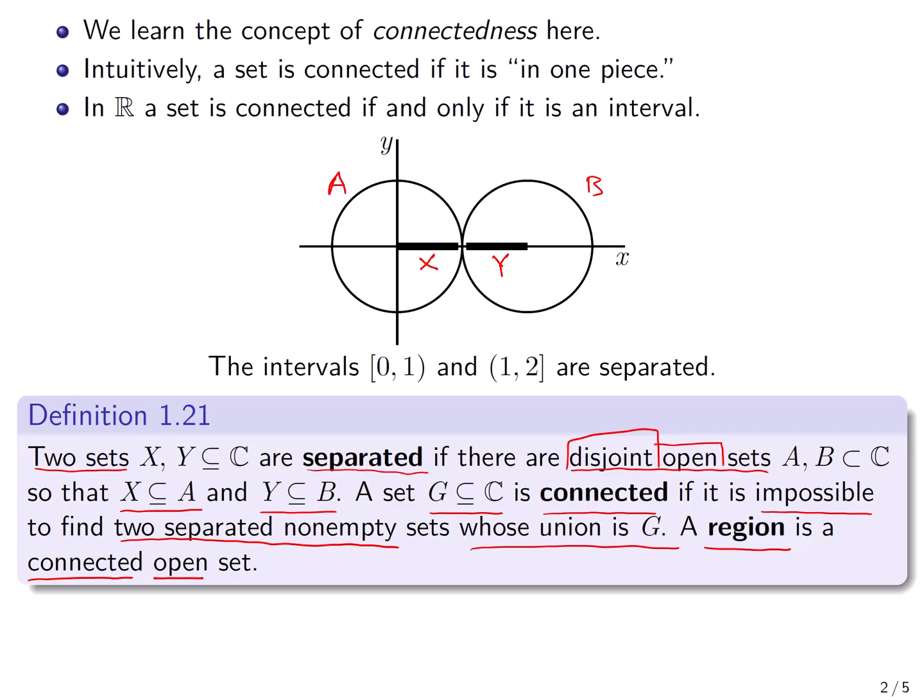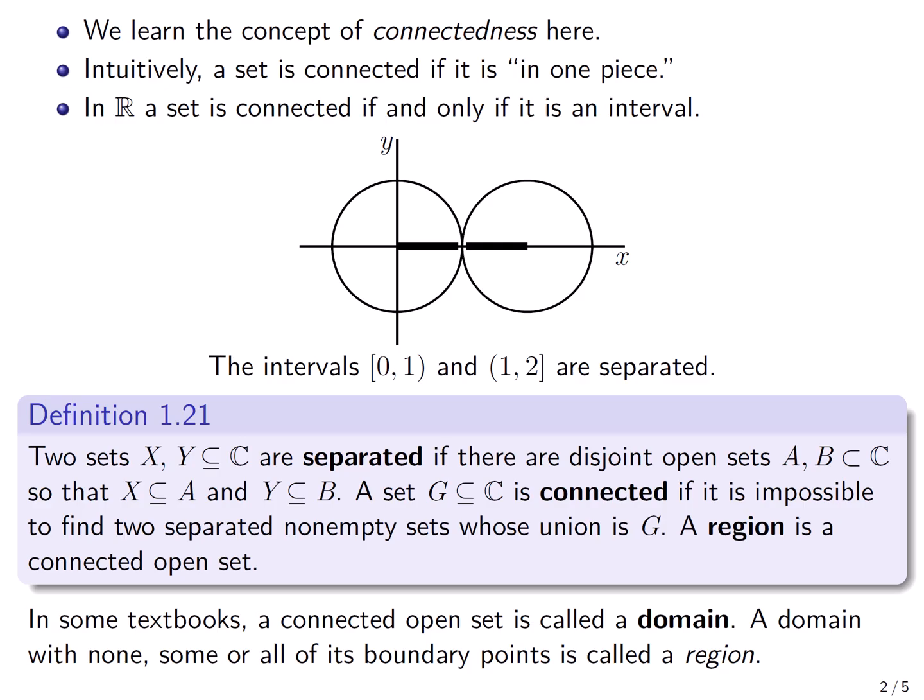This term can be confusing. If you look at some other books, they use a different definition. For example, in some textbooks, a connected open set is called a domain. So you have to look at what definition your book uses. In this series, we use the definition mentioned in the textbook.